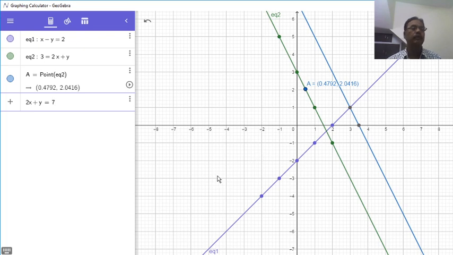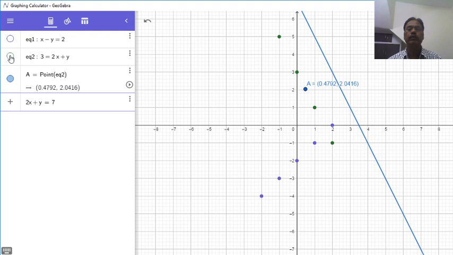Yes, the first graph, x minus y equal to 2. The second graph was 3 equal to 2x plus y, and the third graph is this. We have drawn the third graph, 2x plus y equal to 7.